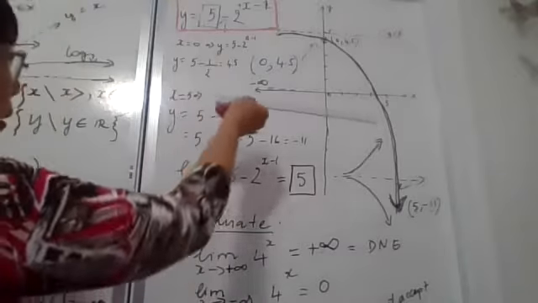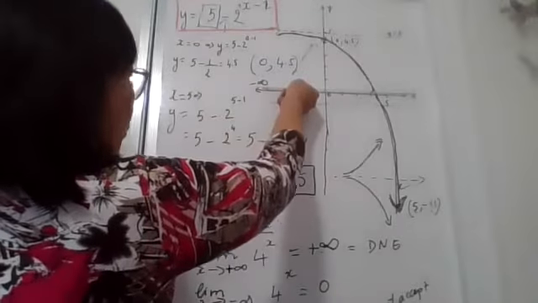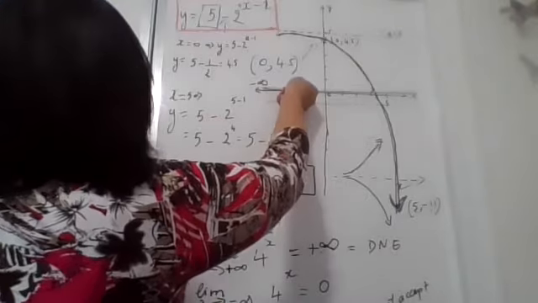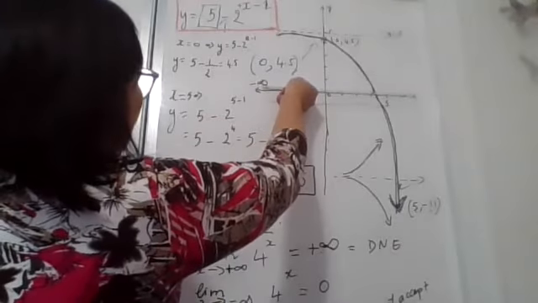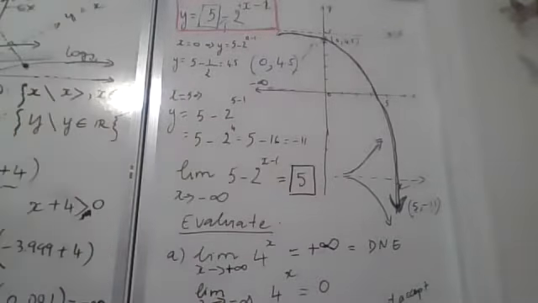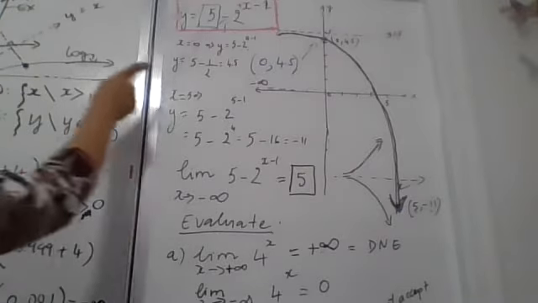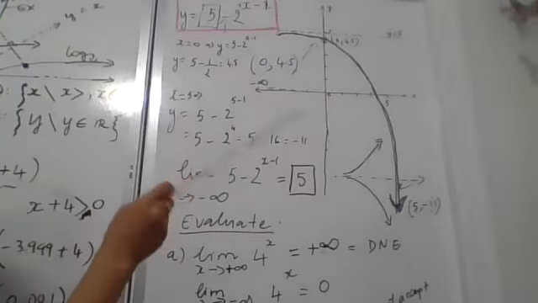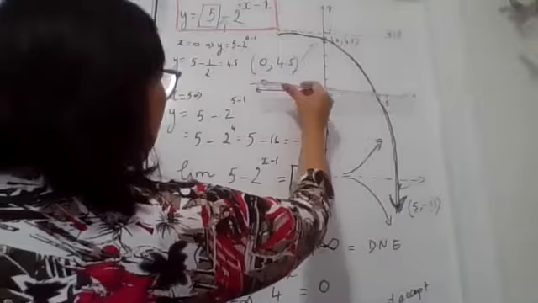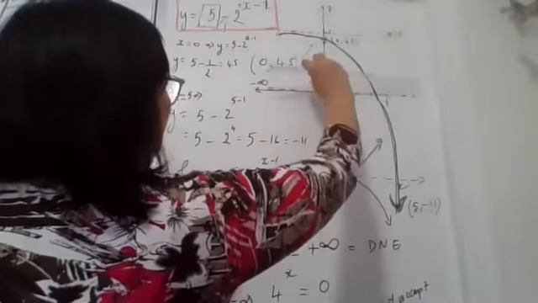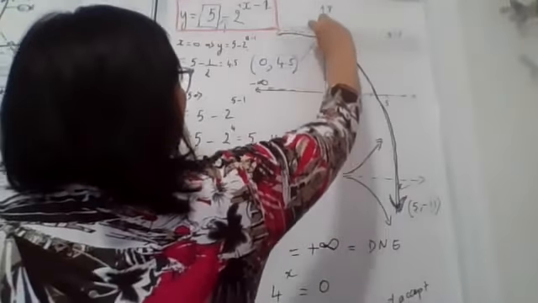Now the number 5 indicates this. The normal exponential function, y equals 2 to the power of x, has a horizontal asymptote at 0, like this one here. But when you add 5 to it, this horizontal asymptote shifts up 5 units. So 1, 2, 3, 4, 5.